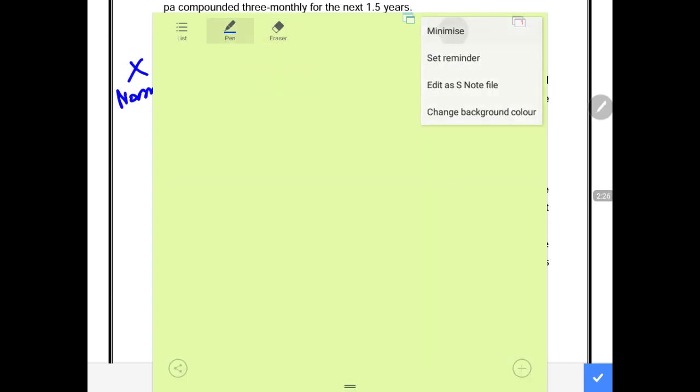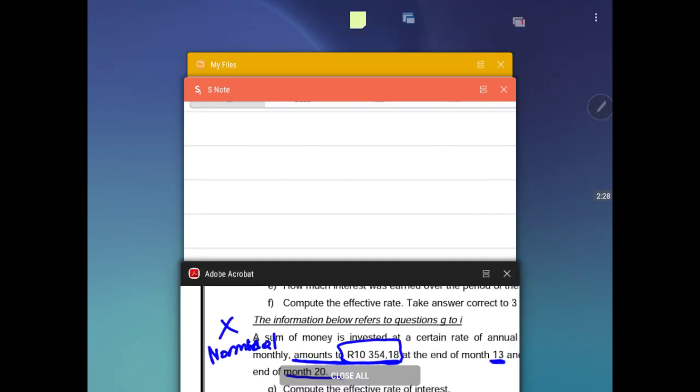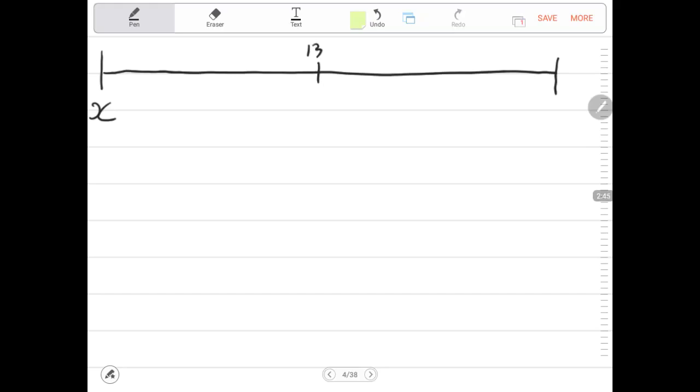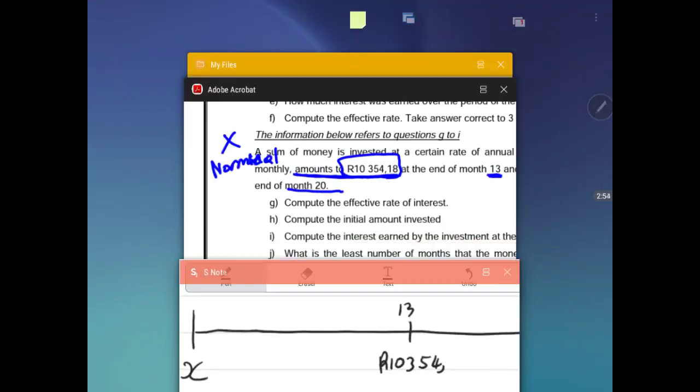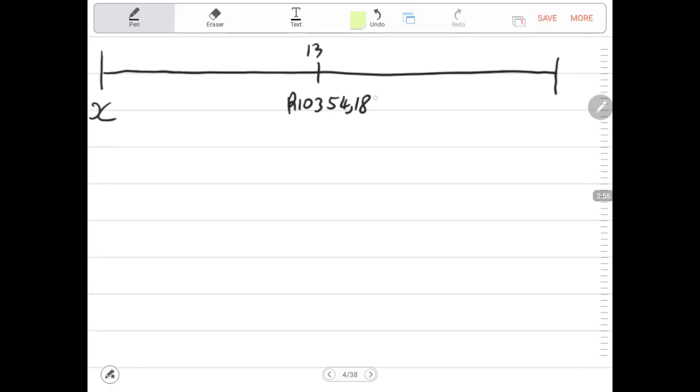So now let me just draw a timeline for clarity of what I want to explain to you. Let me use the very big picture where we'll see it very clearly. Now we have this timeline where an amount of money was invested for a period of 20 months. And this is X amount of money. On month number 13, it was 10,354 rand and 18 cents.